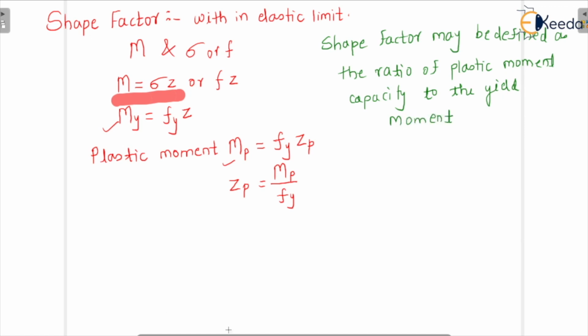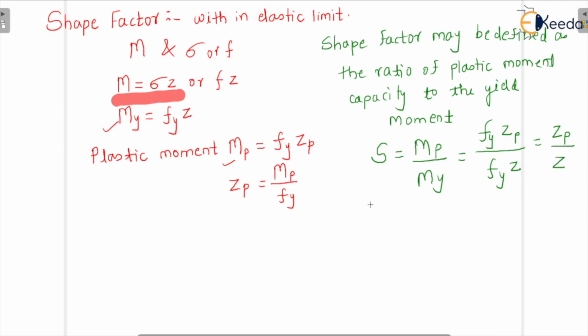So we can write S equals Mp by My. For Mp it is Fy Zp, and for My it is Fy Z. So we can write it as Zp by Z.